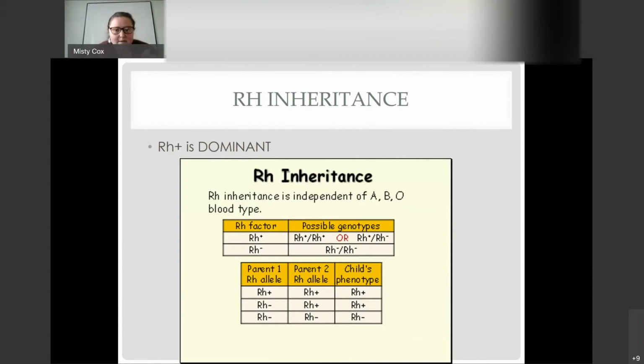The reason being is that both of those parents would have to have a positive and a negative. And so both parents would have a negative to give, and so that child could have a negative blood type. But Rh positive is dominant. It's pretty much all you need to know. Next slide.